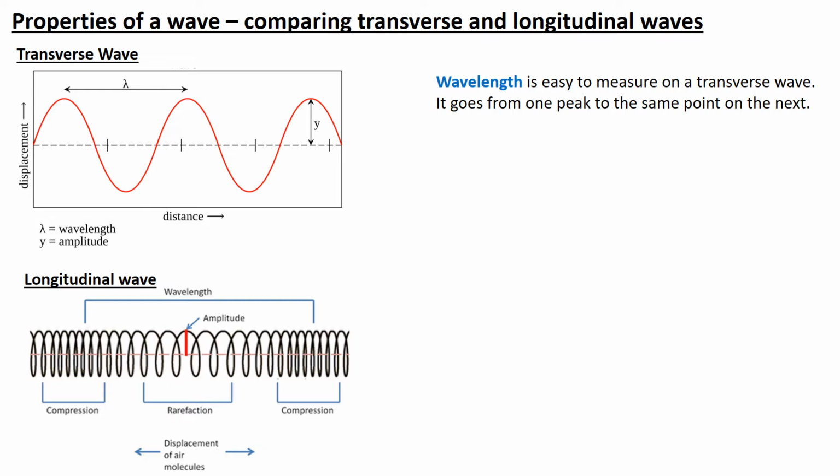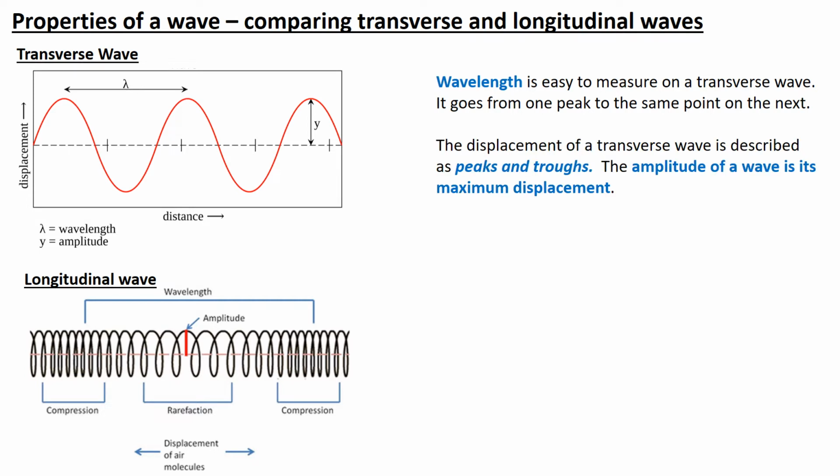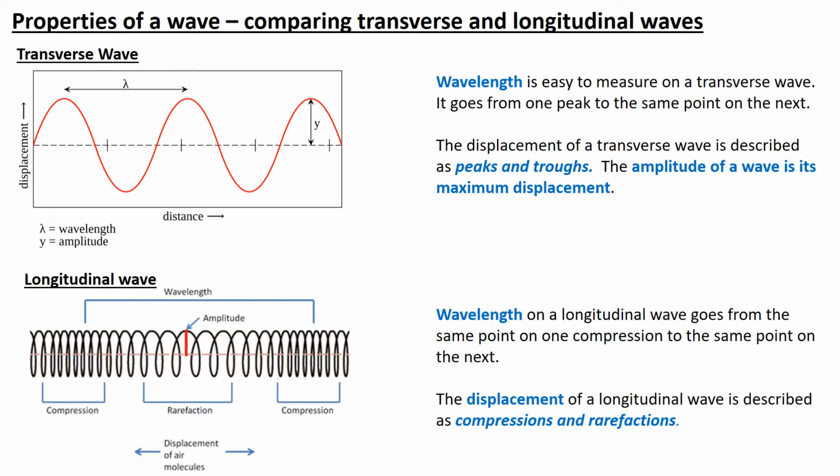So the top diagram, as it says, is for a transverse wave, and we've already talked about wavelength and displacement. The bottom spring, I keep calling it graph, is looking specifically at how we would measure those in a longitudinal wave.